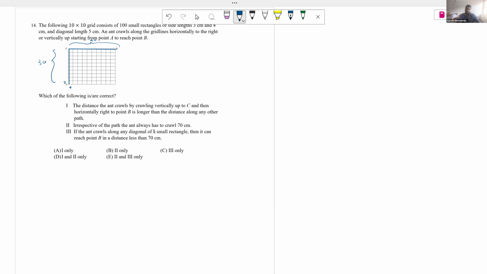Okay, so that would be going 70 centimeters in total. However, if the ant so wishes, it can go like this horizontally, and then maybe 3 vertically, and then 2 horizontally, and then maybe vertically 4, 2 horizontally, like that.